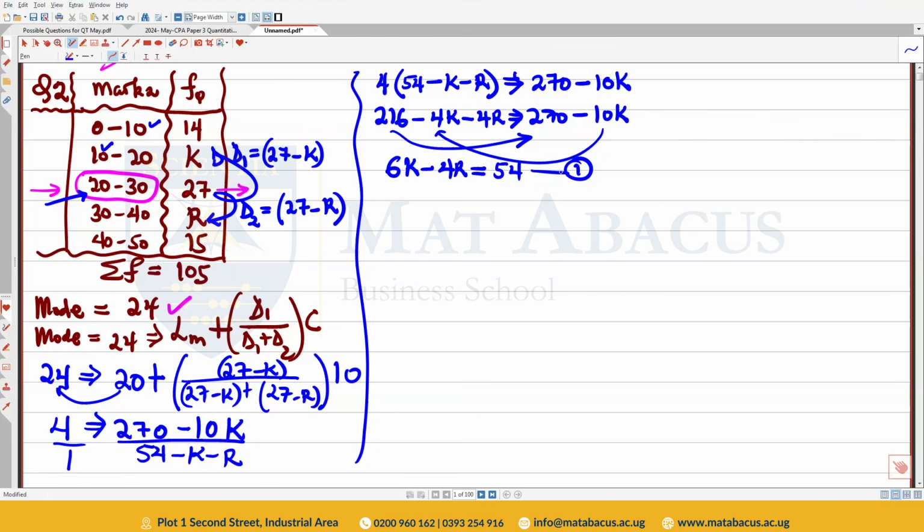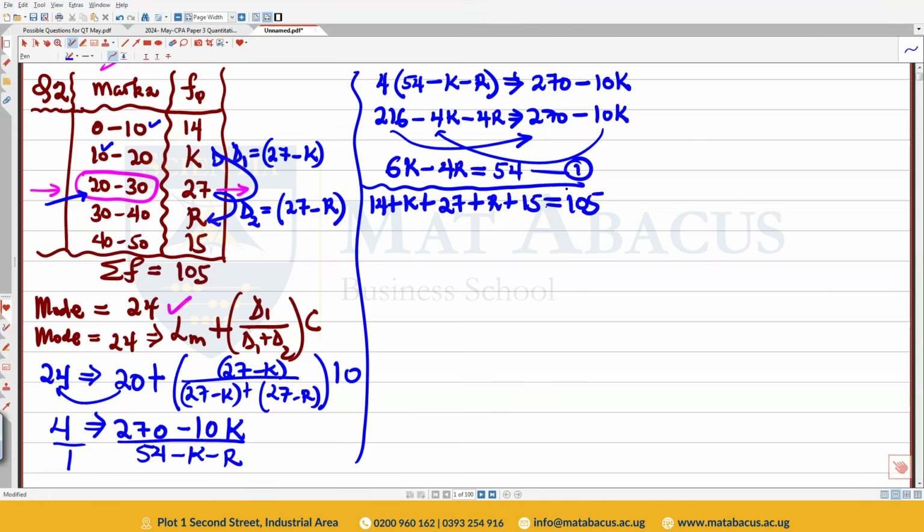The second equation will come from the total frequency. What is the total frequency? Total frequency says that 14 plus K plus 27 plus R plus 15 must give you 105.